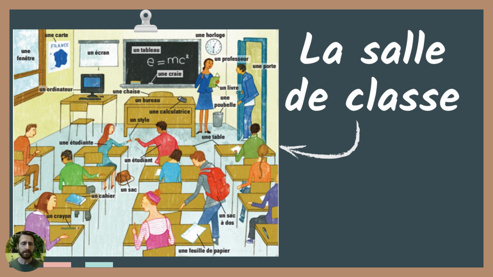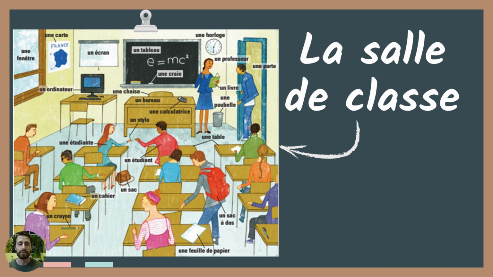So right beneath that, we have two people sitting side by side. We have one girl wearing a blue shirt and a boy wearing a red shirt. So we have une étudiante et un étudiant. So the female student will pronounce that T at the end because there's an E at the end of the word.